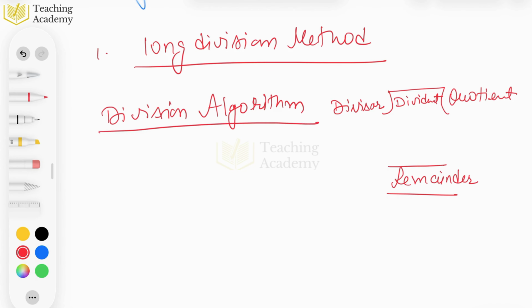In the division algorithm, you already understand that dividend is equal to divisor times quotient plus remainder.